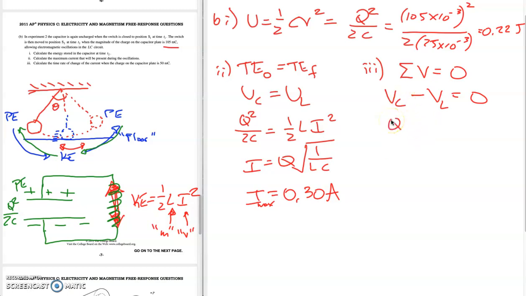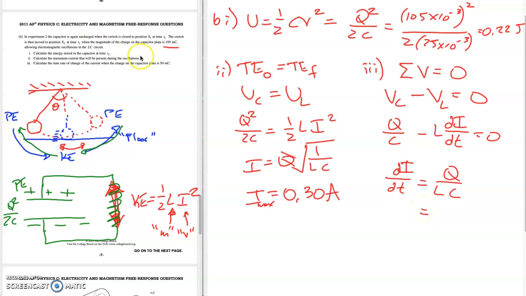The voltage of the capacitor is Q over C. And the voltage of the inductor, remember, is L di dt, the time rate of change of the current. Okay, so rate of change in time of the current. That's di dt. That's what they want us to solve for. So di dt is going to be Q over LC.